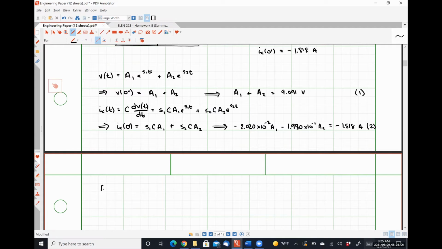I get A1 is equal to negative 0.092 volts, which would be the same as negative 91.754 millivolts, and A2 is equal to 9.183 volts.